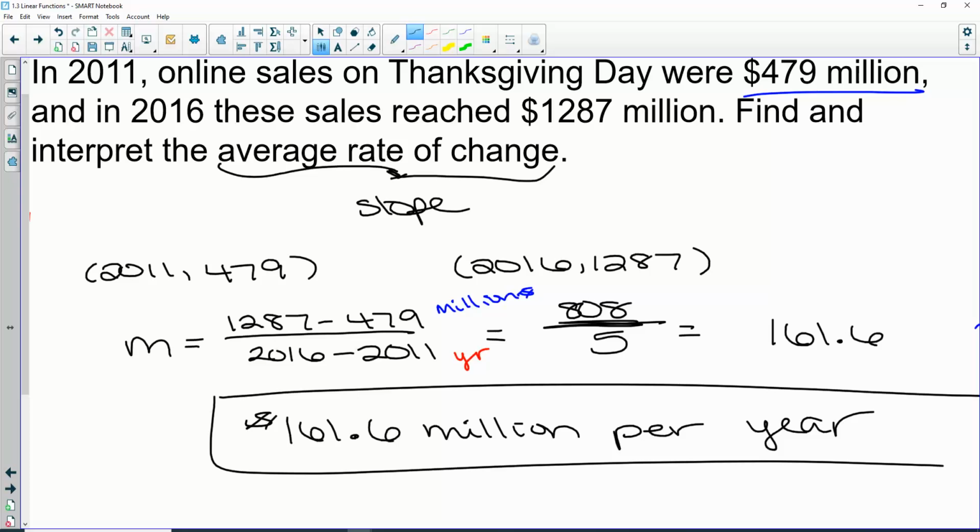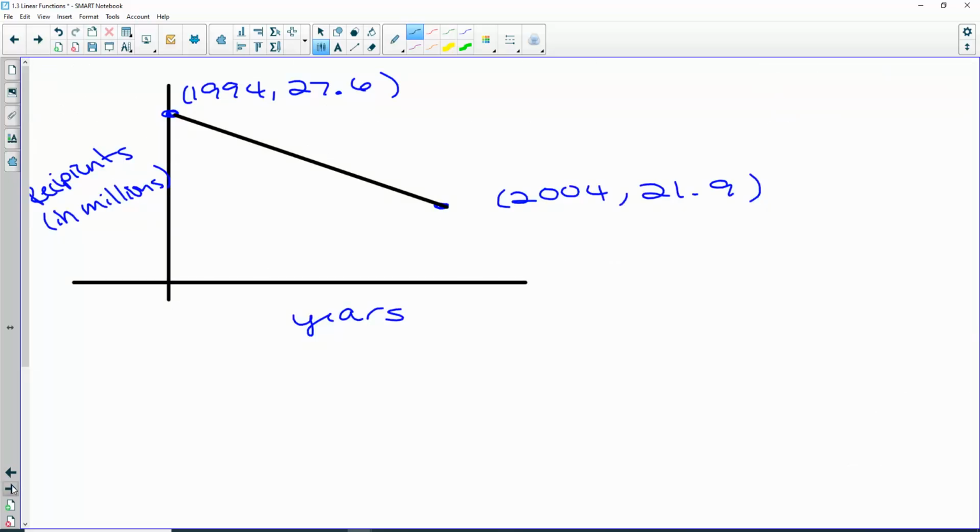Okay, I'm going to give you guys one. I just drew a graph up here. So the Math Excel, there's several that have graphs. If you have a graph, does it matter which 2 points you pick on the line for your slope? No, no matter which 2 points you pick, slope is the same. So I took a graph out of the book that represents the number of people receiving food stamps in given years.